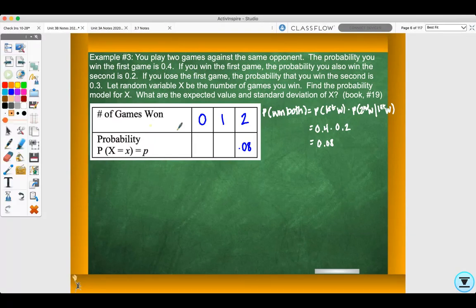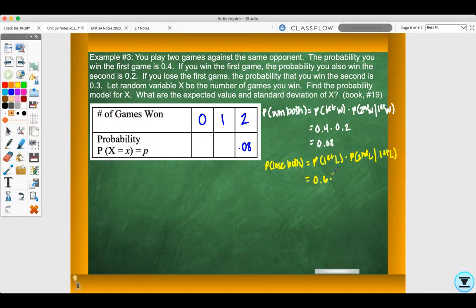Let's go ahead and look at the probability I lose both. So it's the probability my first one is an L, times the probability my second one is a loss, given my first was also a loss. So the probability that I lose the first one is 0.6 because it's 1 minus 0.4 based on the first game.